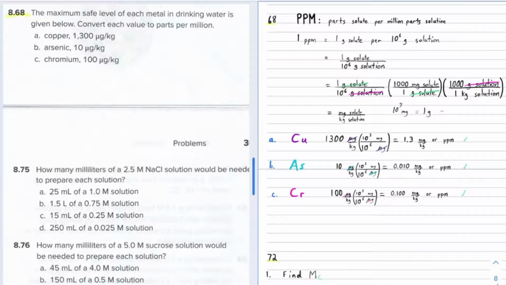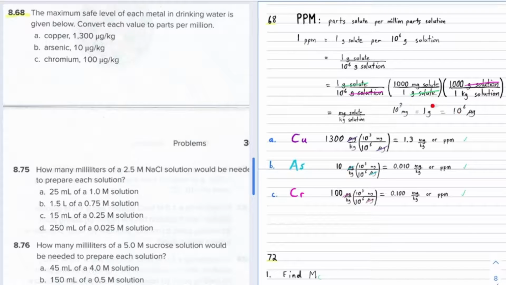And 1 gram is also the same thing as 1,000,000 micrograms. So we can say that 1,000 milligrams is the same thing as 1,000,000 micrograms, because they're both equal to a gram. And we can use this to convert from micrograms to milligrams.